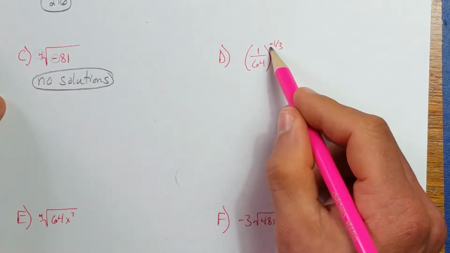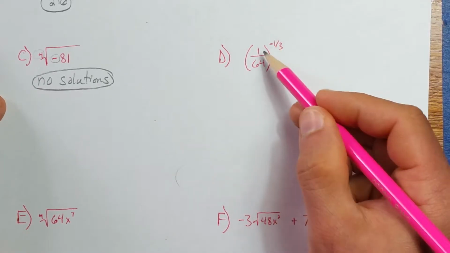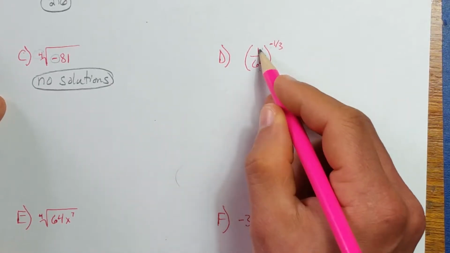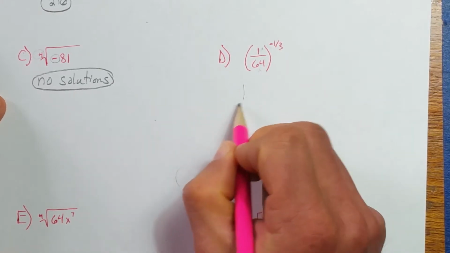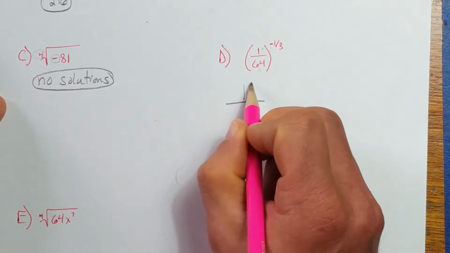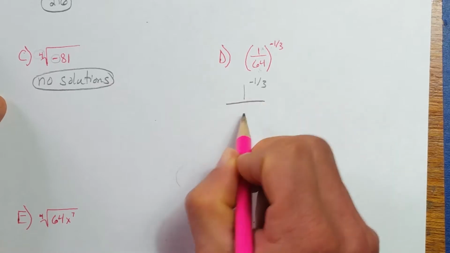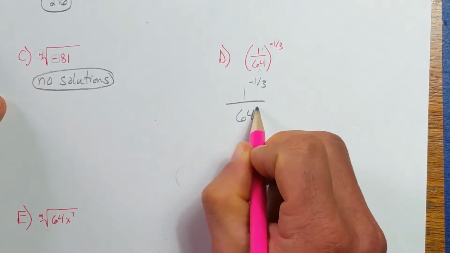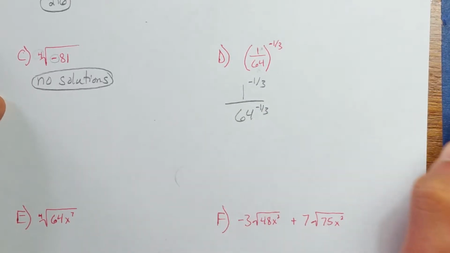This time it's negative. And when you have a fraction to a power, remember that both of these numbers are to that power, so this is the way that it would be written. It's kind of like distributing. I would say it's 1 to the negative 1/3 power divided by 64 to the negative 1/3 power.